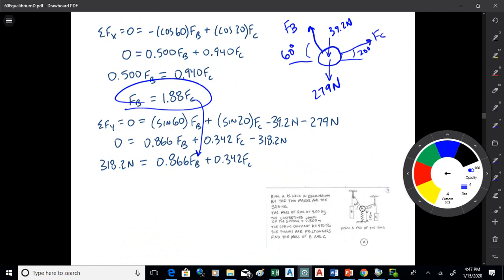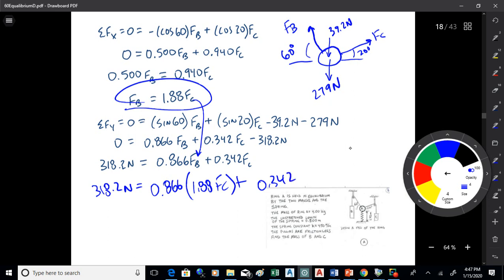So I'll go ahead and do that, and I'll get 318.2 is equal to 0.866, and then I'll plug in 1.88 FC. Well, that goes in for FB, I should say, and then I have 0.342 FC. I can solve for FC and then come back and get FB.